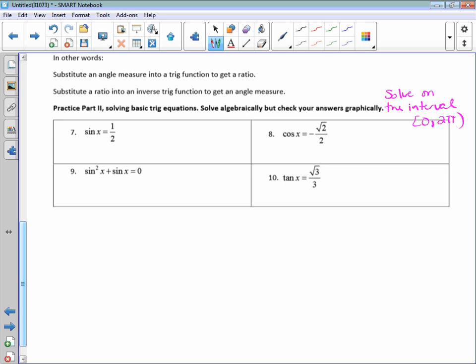Okay, I'm giving you this interval 0 to 2 pi. That's all the way around the circle, right? Okay? And do you see the little inverse in here with any of them? No. So am I thinking whole circle or restricted circle? Whole circle. Okay, good.